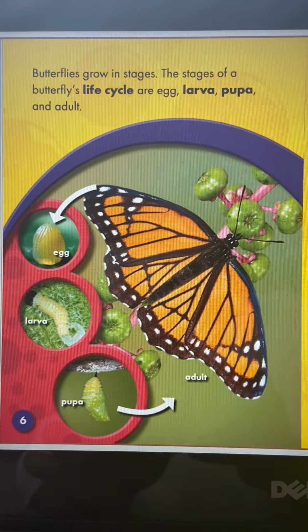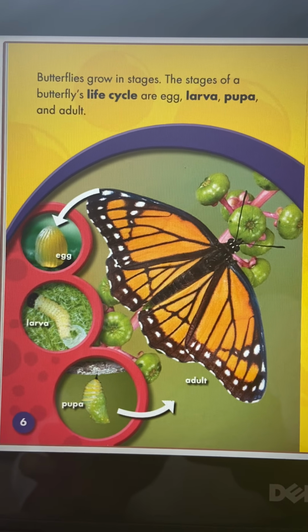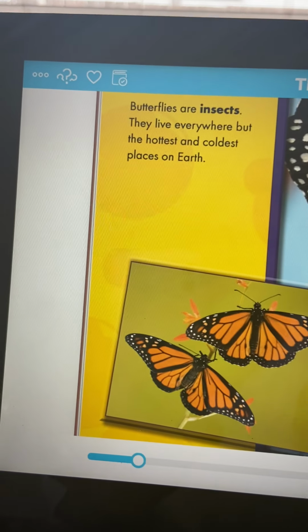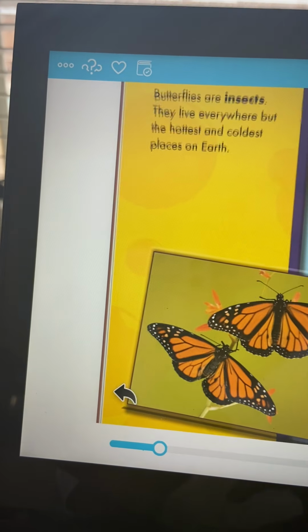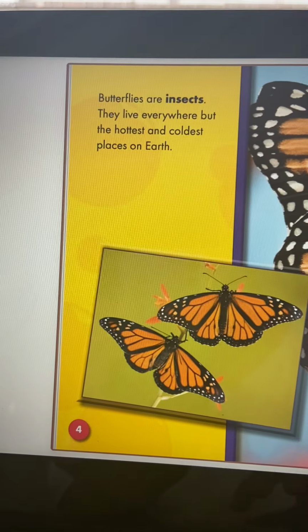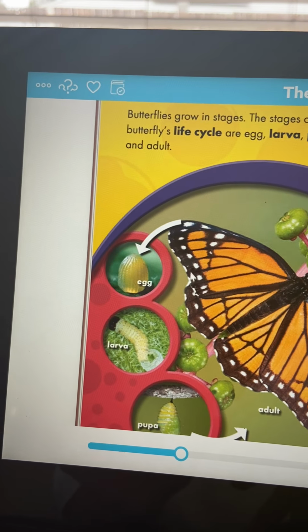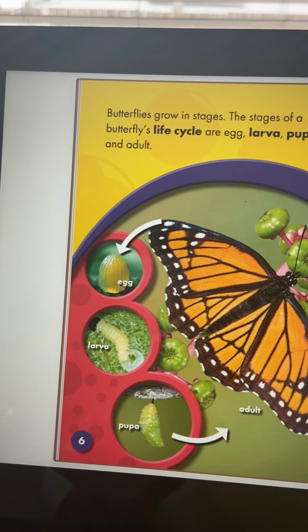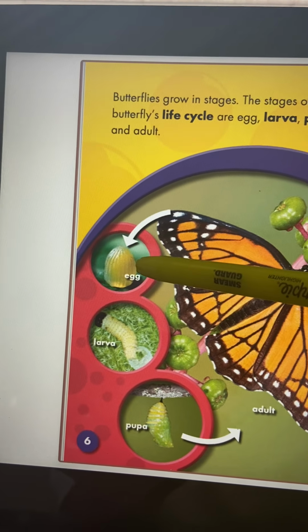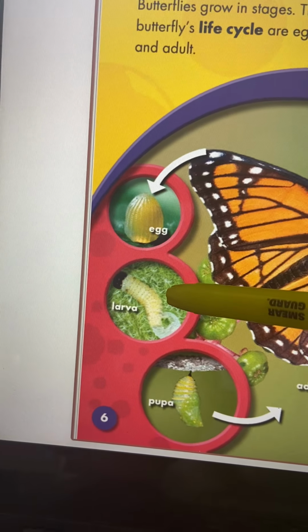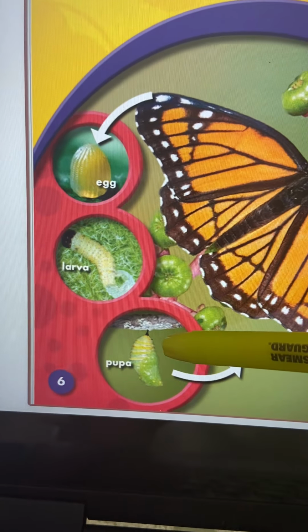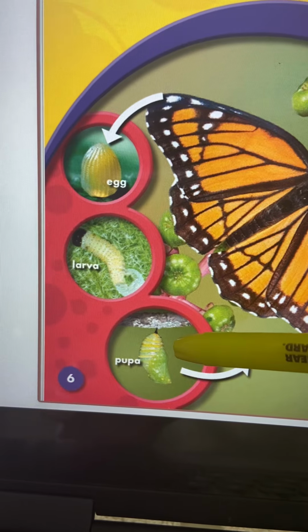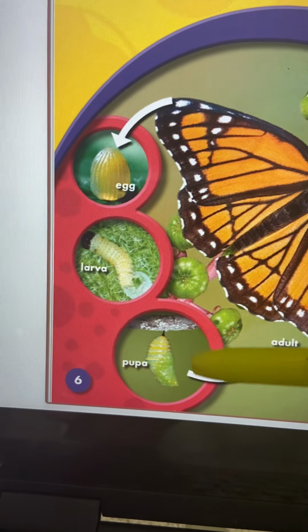Okay? So here you have the egg. Oh, I didn't want to touch my screen because this is a touch screen. Let me go back. Give me a second, guys. Sorry. I'm going to try not to touch the screen, guys, because it'll go to the next page. Here you have the egg, the larva, the pupa. For a butterfly, another word for pupa, and the word that I use the most, is chrysalis.